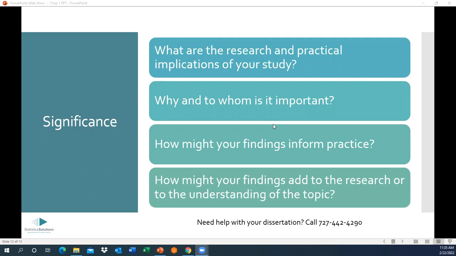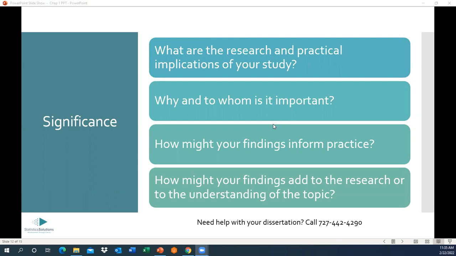And usually this is two-pronged. Number one, research or theoretical significance, and number two, practical significance. So the one prong is how can what you're doing and the information you collect, how can it add to the literature? How can it contribute to the research?